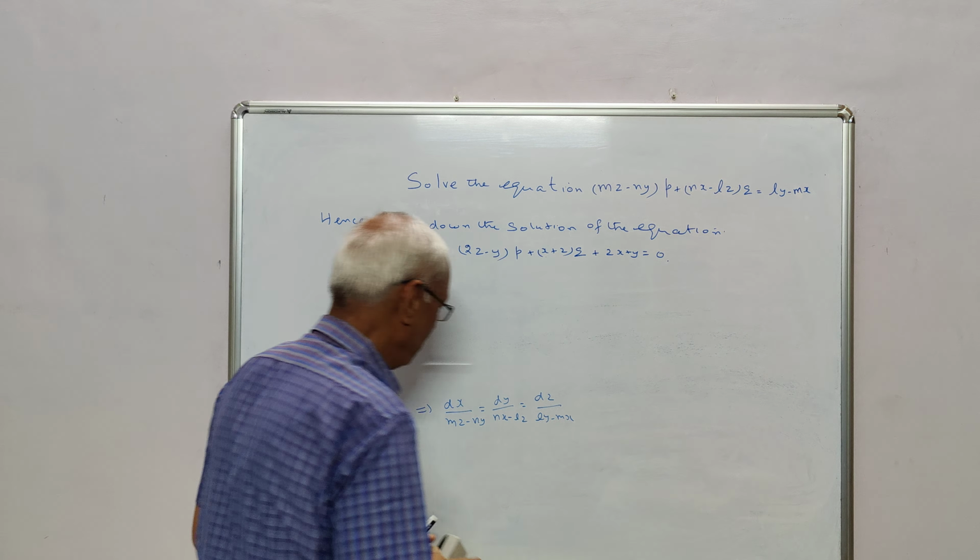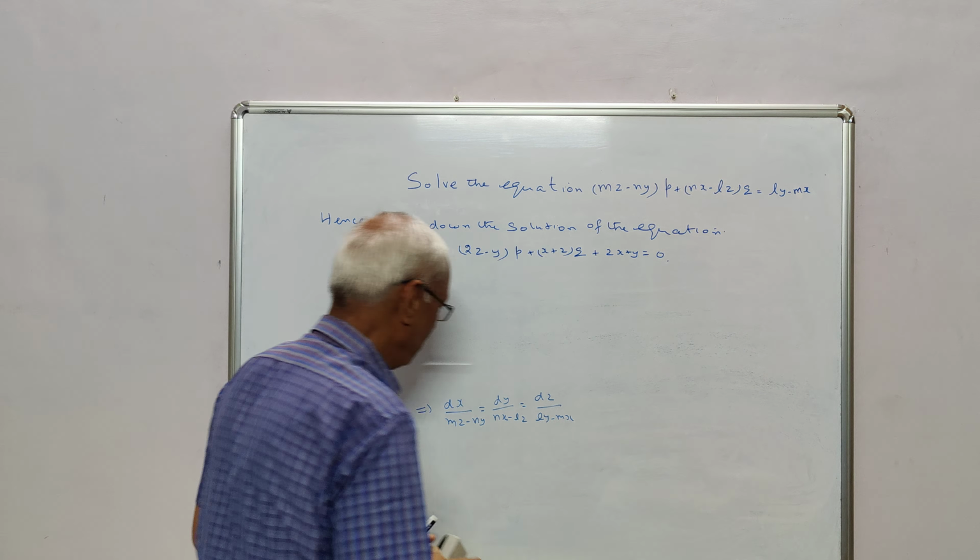So each ratio, using the properties of ratios and proportions, that is, if a by b is equal to c by d, then we can write (a plus c) divided by (b plus d). So these are all the properties or the rules of the ratios. So we make use of this: multiply this by x, multiply this by y, that by z. When you multiply the numerator, you have to multiply the denominator also.